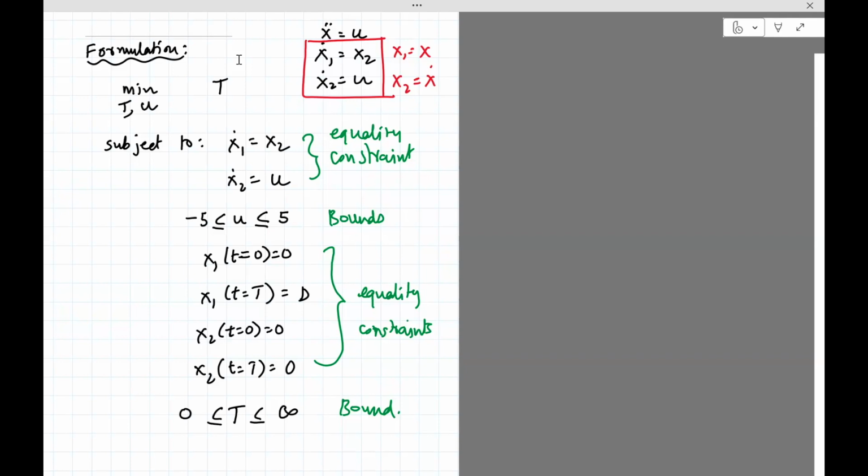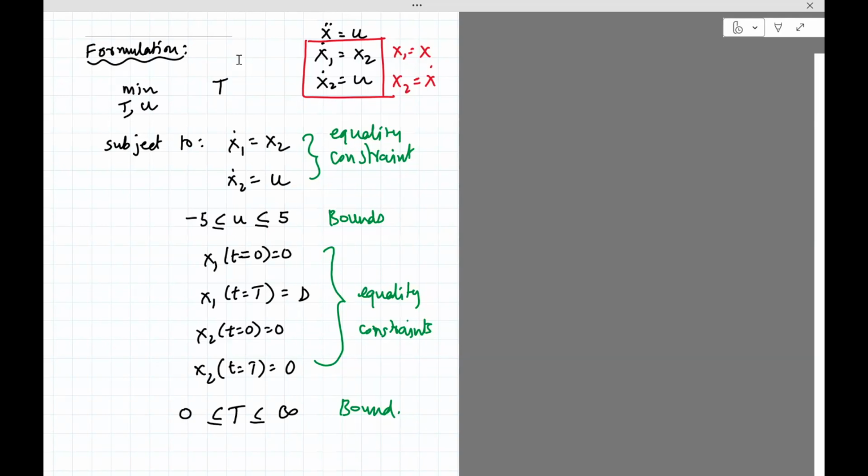So what we do is, the first step is to discretize the whole problem. So we discretize u. We assume that we're going to divide, let's say, the time interval in 10 time steps. Each time step, we're going to keep the control constant. That's kind of discretization. So instead of dealing with the infinite number of u over the time, we deal with a finite number of u.